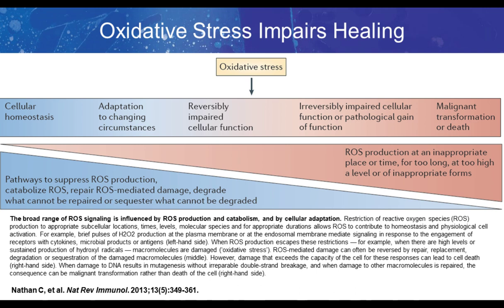On the other hand, if the reactive oxygen species production is at an inappropriate place, or for too long, or at too high a level, just like the proteases, they begin to degrade proteins and processes that are essential for healing, and the wound becomes chronic.